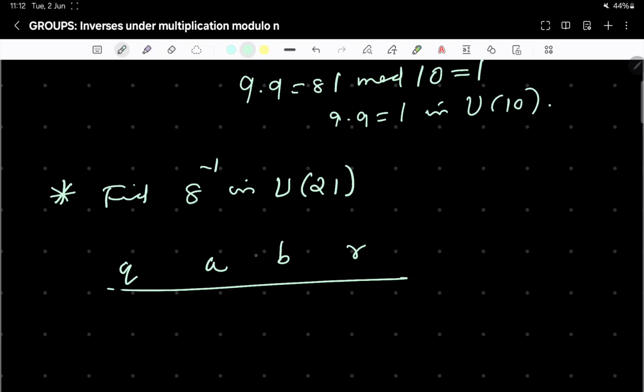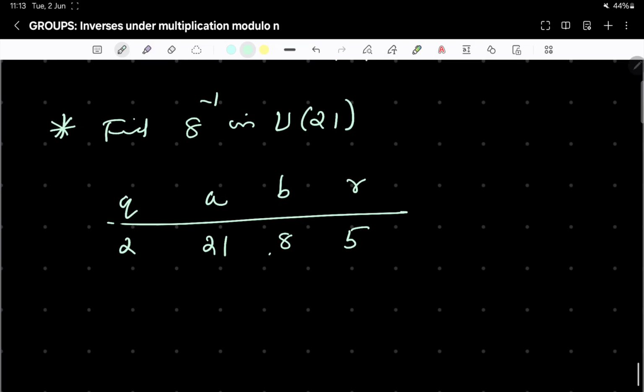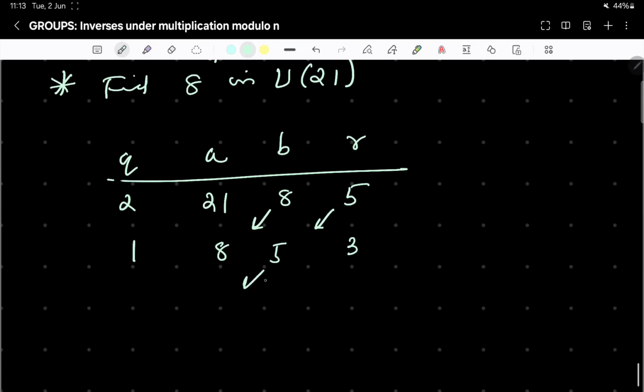So A is 21, B is 8. What is the remainder? It will go 2 times, and the remainder is 5. Now you change the positions. 8 will come here, 5 will come here. How many times will it go? One time. The remainder is 3. Now 5 and 3.